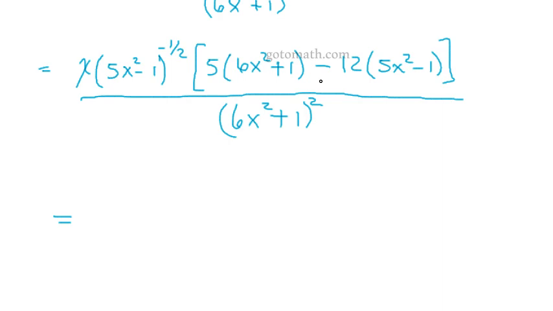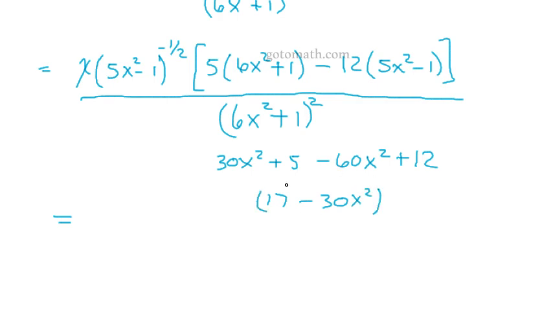Distribute this stuff across right here. 6 times 5 is 30x squared plus 5, and then minus 6 times 5 is 60x squared, and then that's going to be a plus 12 there. And so that ends up being 12 plus 5 is 17, minus 30x squared.